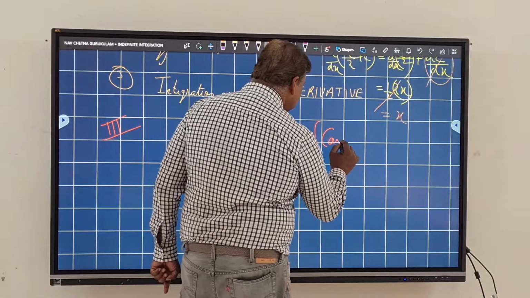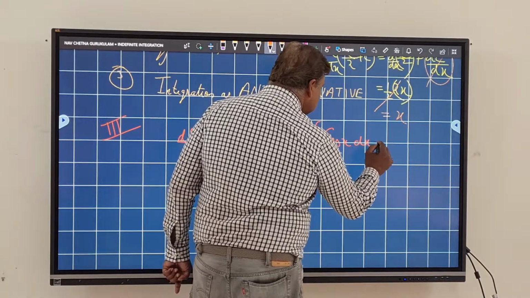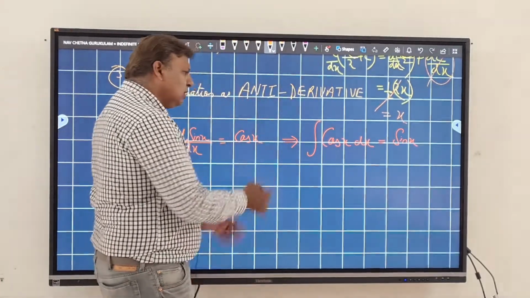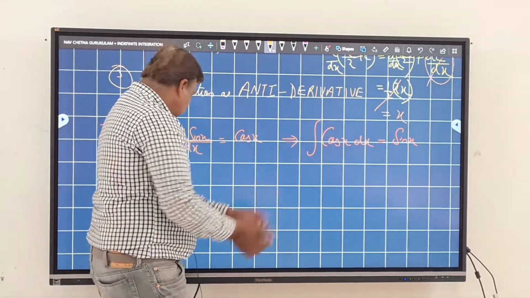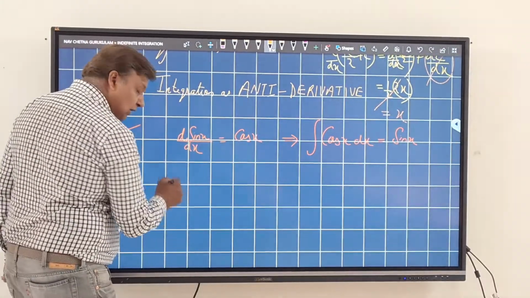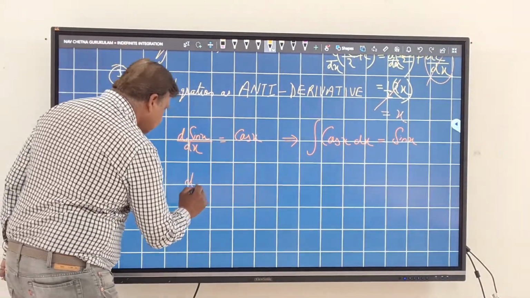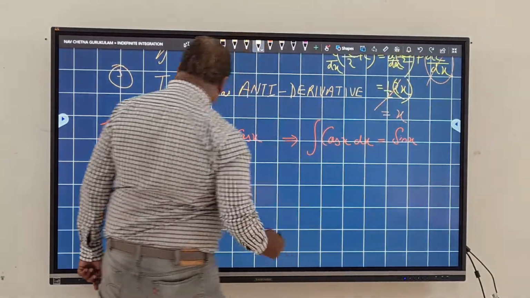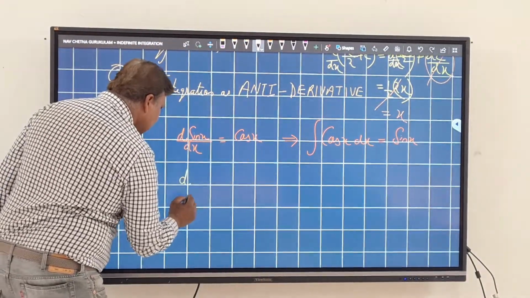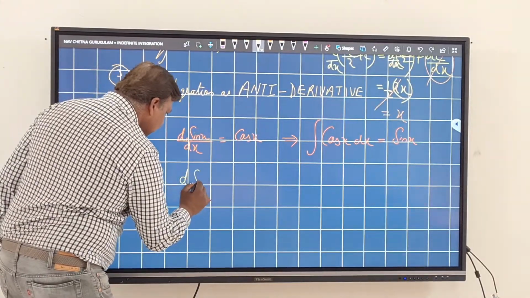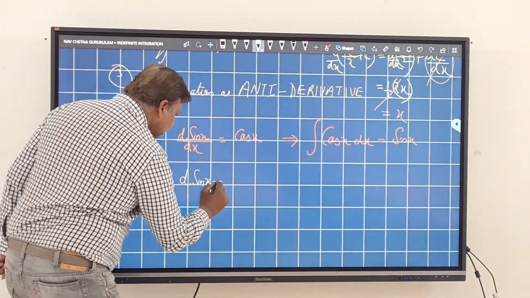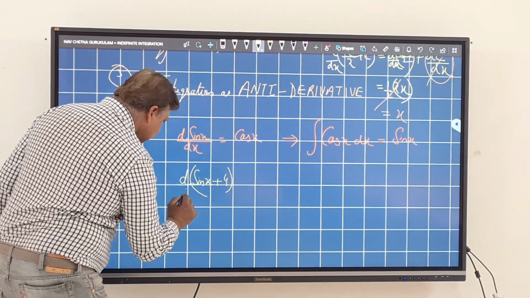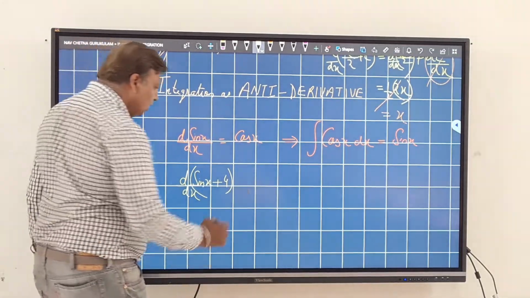So we write in the symbols used for integration, that would be sin x. That is, this implies this, so this implies that. But at the same time, if I differentiate, rather I'll use a different color, the derivative of sin x plus a constant, let's say 4, what do I get?